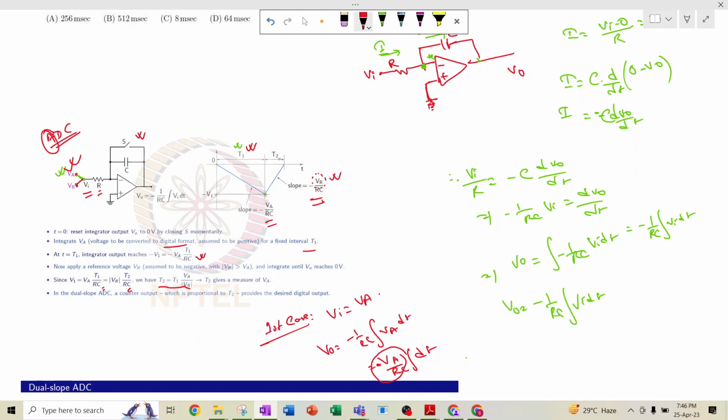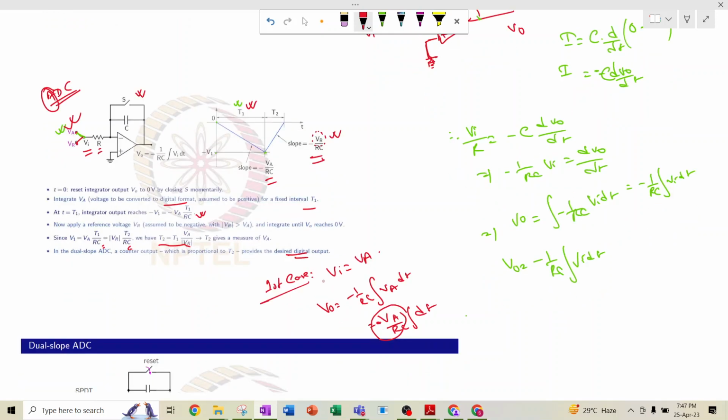So based on the t2 value we can say that Va is high or low, and we just encode this analog signal to a digital value. So in this digital dual slope ADC, a counter output which is proportional to T2 provides the desired digital output. Okay.